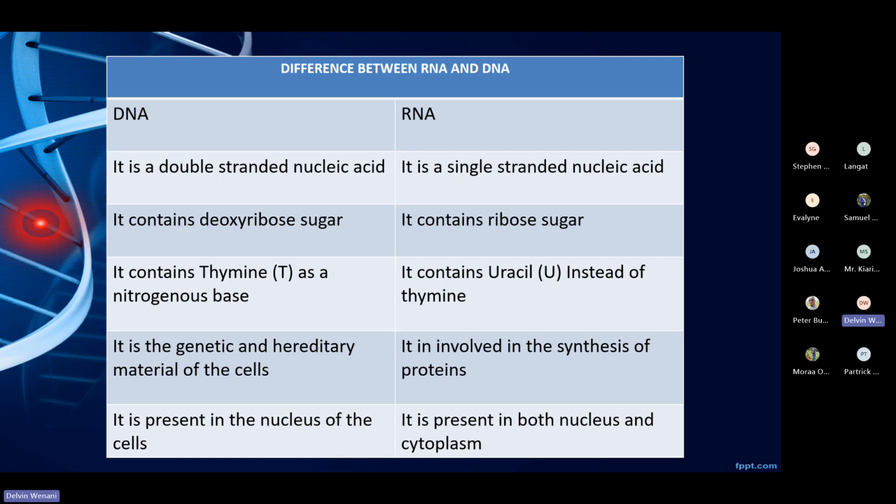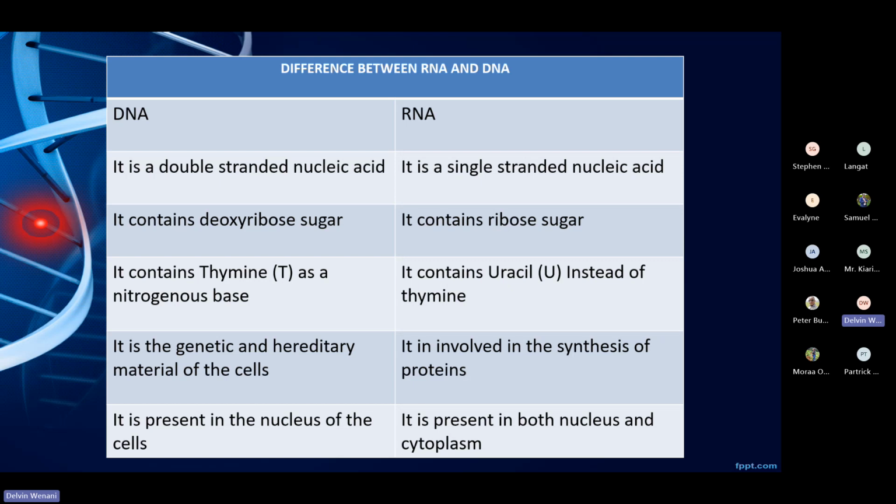Another difference is the presence in the nucleus of the cell. The DNA is present in the nucleus of the cells, and I've explained that one. But the RNA is present both in the nucleus and the cytoplasm. That's why most of the time we call this RNA mRNA. This M stands for messenger.